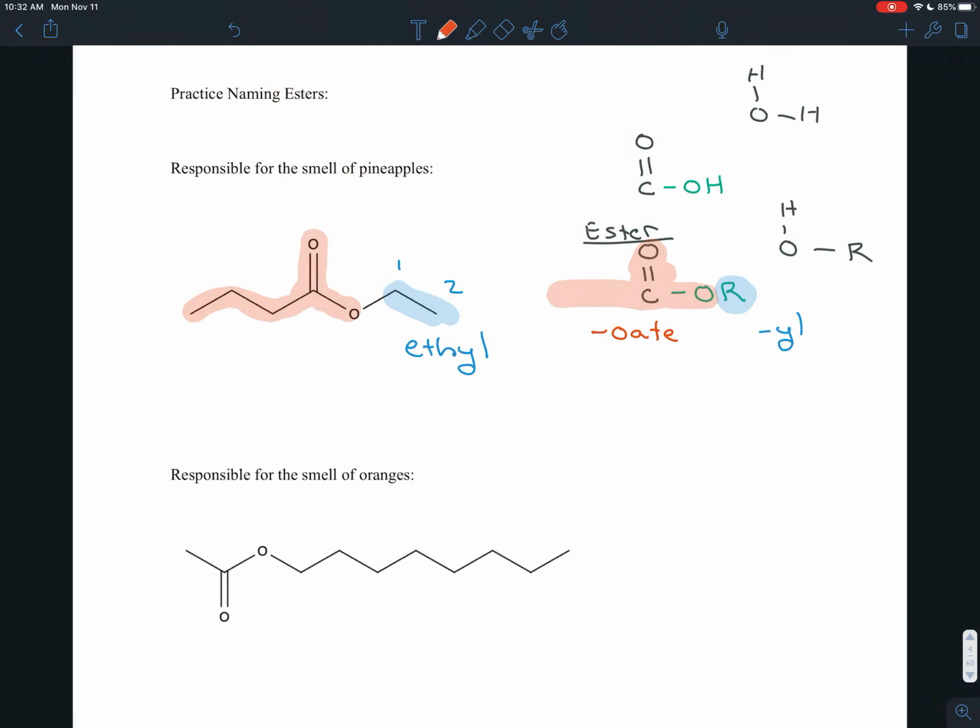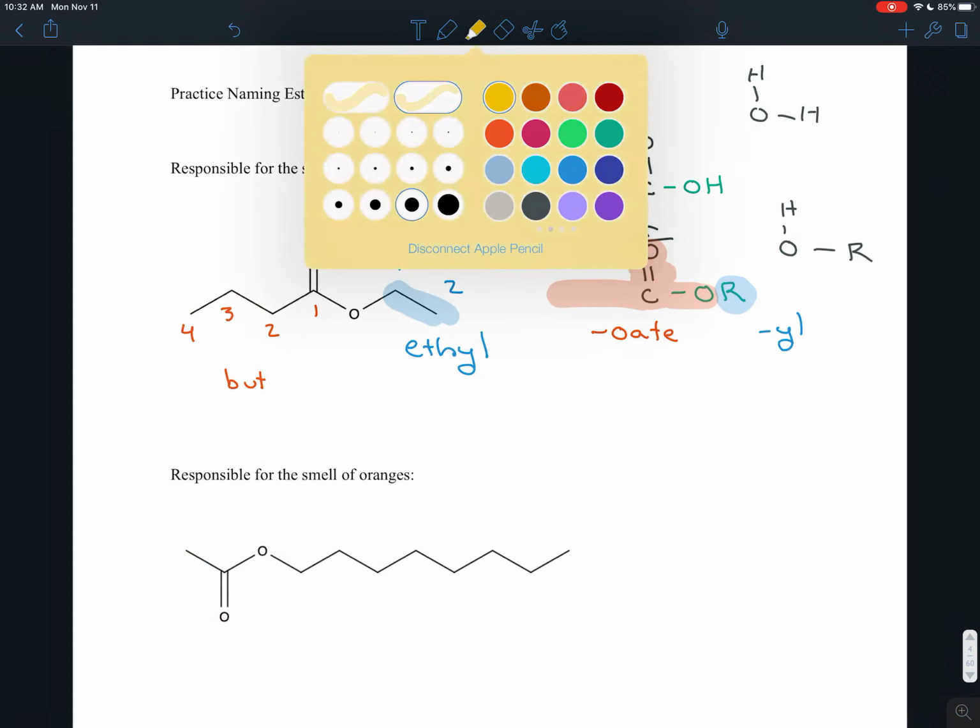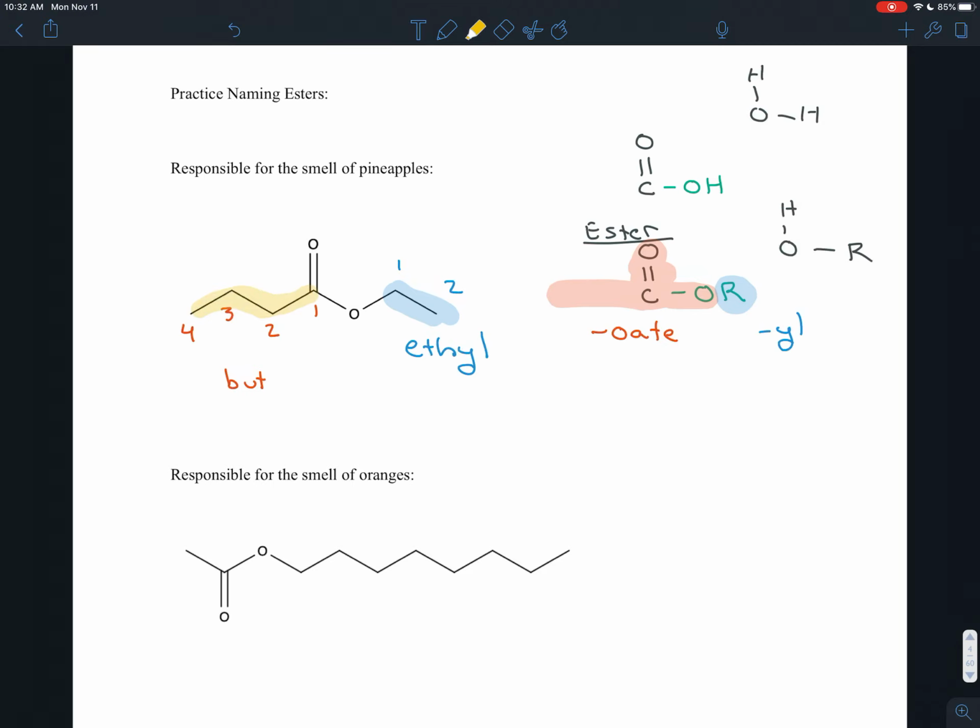The orange part, the carbon chain that has the carbonyl in this ester, is going to be named with the suffix. So it has 1, 2, 3, 4 carbons, that's but. In between the carbons, outside of the functional group, if you just look at the bonds between the carbons that are not represented in the functional group, it's all single bonds, and so the infix will be -an.